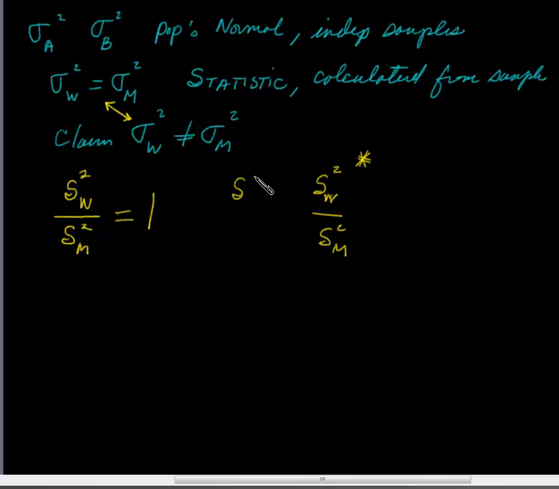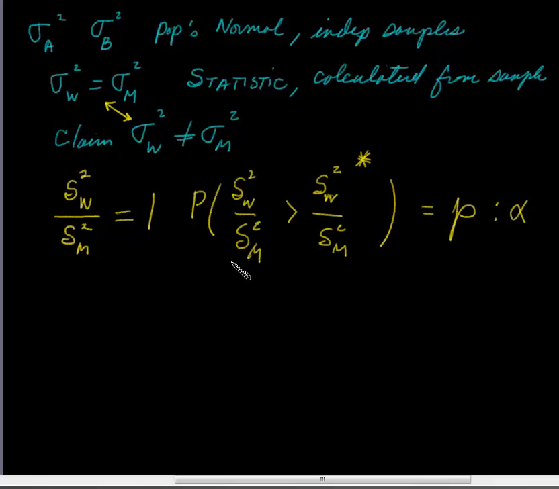Then for all the possible values of S squared W over S squared M, I'd like to know the probability that S squared W over S squared M as a random variable is greater than what I observed. That's the value that we've called P in the past, and this is the one that would be compared to alpha to complete a test of hypothesis.